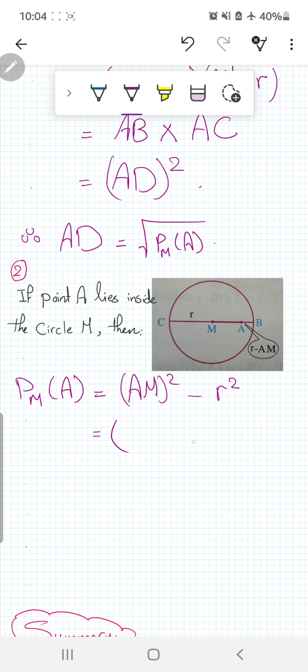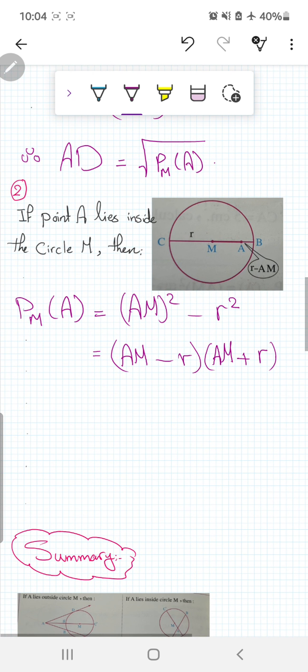As we said, it is a difference between two squares, so take the square root of the first, AM, minus and plus with R and R. AM minus R is negative AB, because here MB is the greatest, so we have minus AB. And AM plus R gives AC.